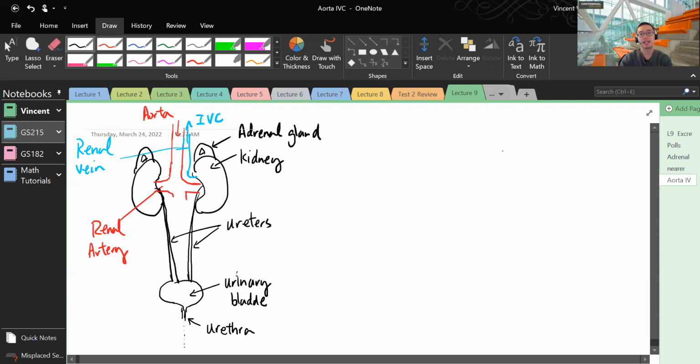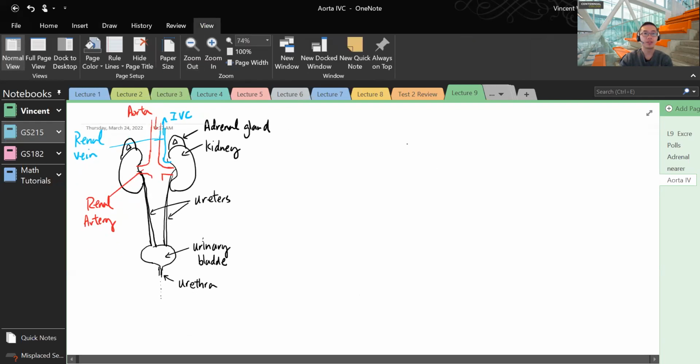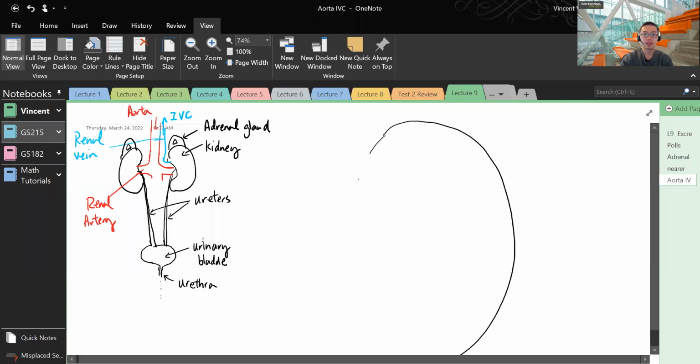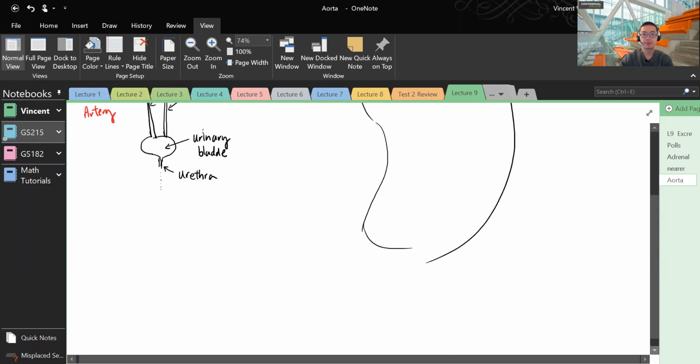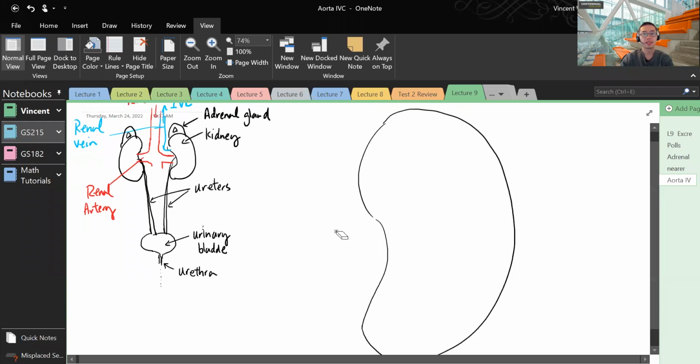So now we're going to take a look at the kidney. We're going to cut the kidney up and see what's inside. Again, you should be drawing this with me to understand more. So there is our kidney right here.